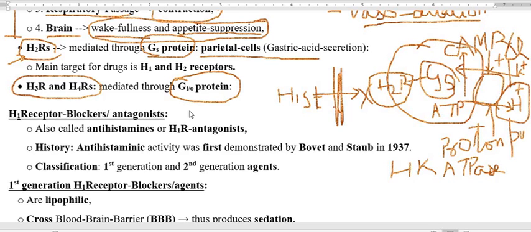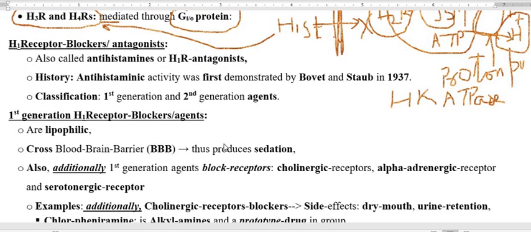Means in Gs activation there is a raised cyclic AMP level, whereas activation of the H3 and H4 receptors by histamine is going to decrease the cyclic AMP level, because it inhibits the activation, therefore cyclic AMP level does not get raised.